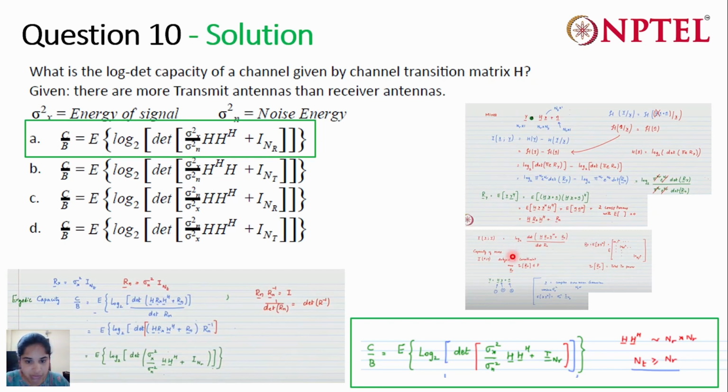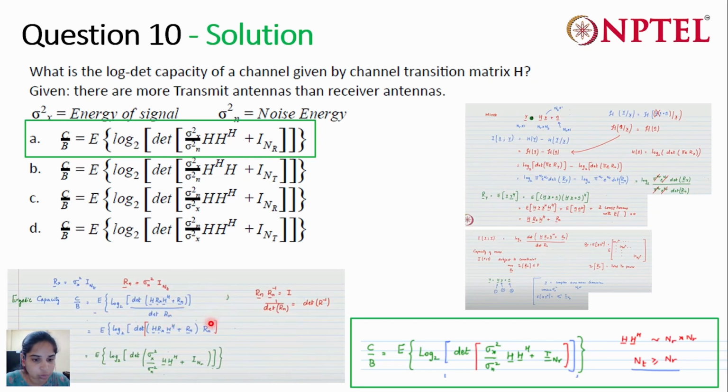Now if we have to find capacity, we can express ergodic capacity as C by B equal to the expectation of this entire term. So expectation of log to the base 2 of determinant of H Rx H Hermitian plus Rn divided by determinant of Rn.